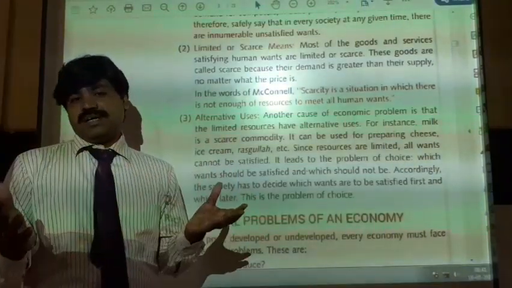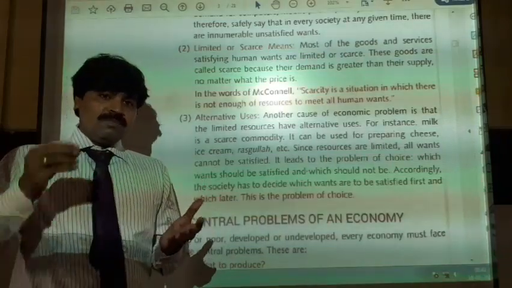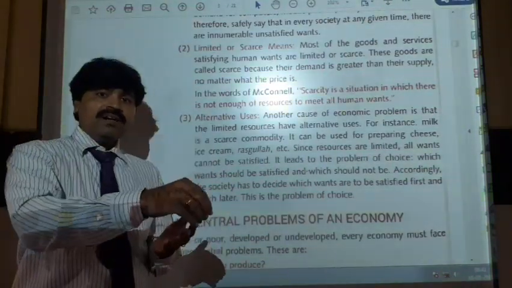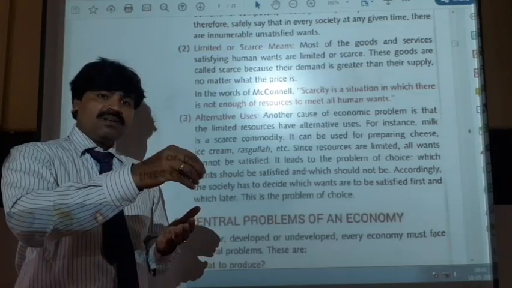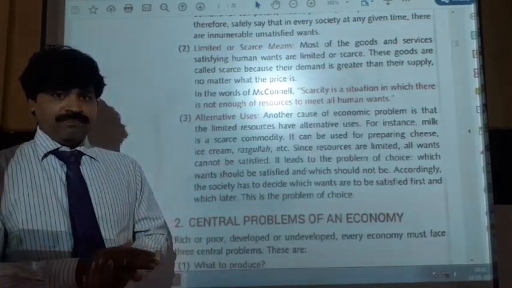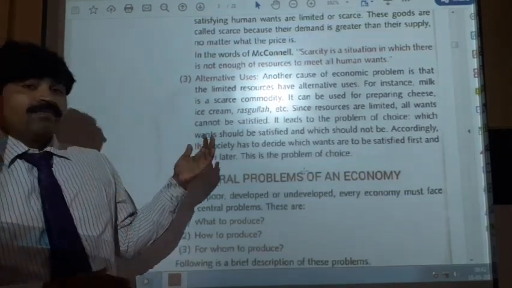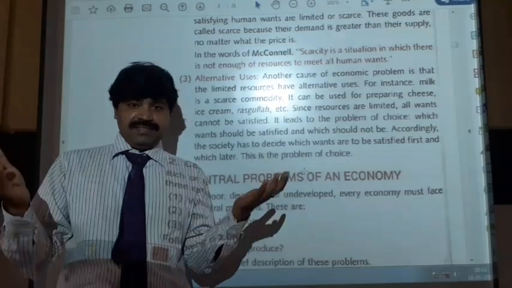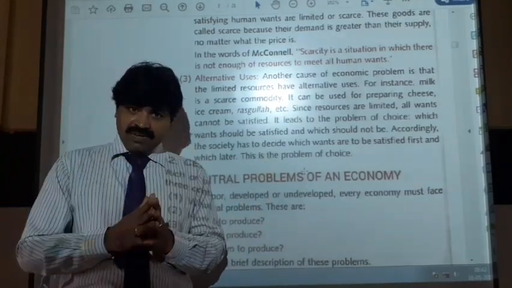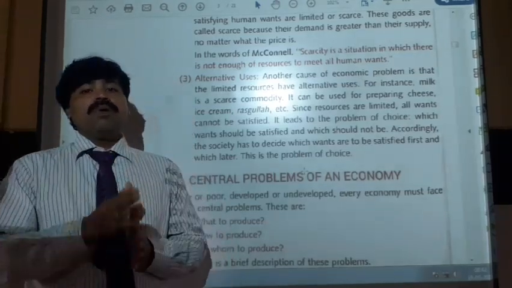So we have to decide in which use we have to put our resource so that economical benefit and social welfare maximizes. In this way, we see that the problem of choice arises. In this way, we say that economic problem is the problem of choice.